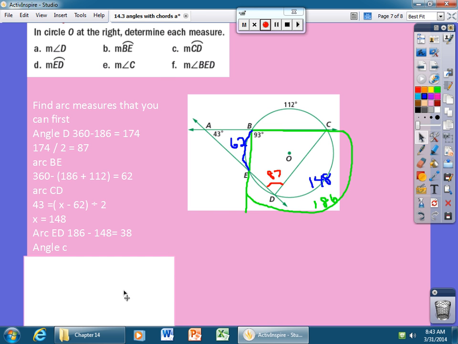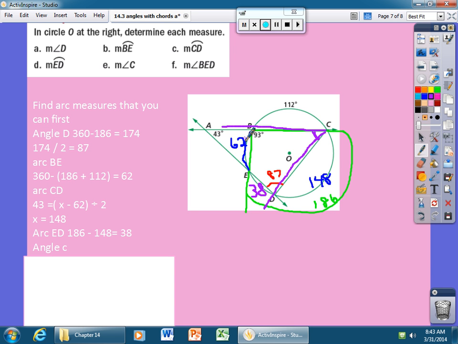Next they want me to find angle C, which is this angle right here, angle C. I had just figured out that ED right here is 38. So I have that measure. To figure out angle C, it intercepts two arcs.